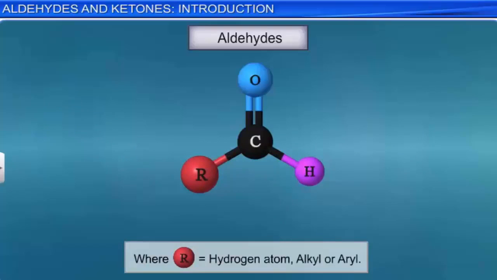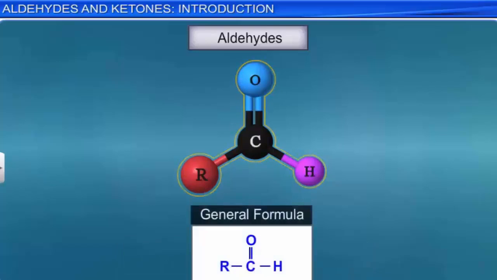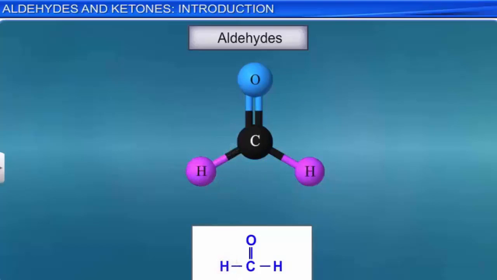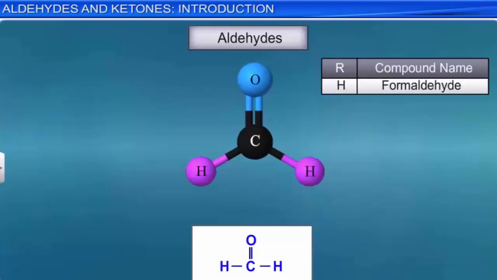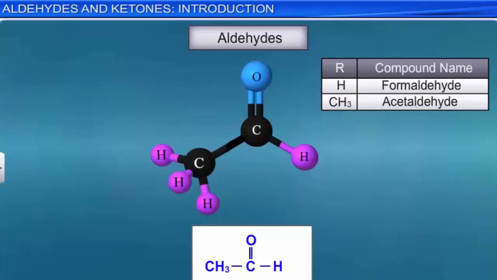Hence, the general formula for aldehydes is RC=OH. If R is H, then the corresponding aldehyde is formaldehyde. If R is the methyl group, then it is acetaldehyde. And if R is the phenyl group, then it is benzaldehyde.